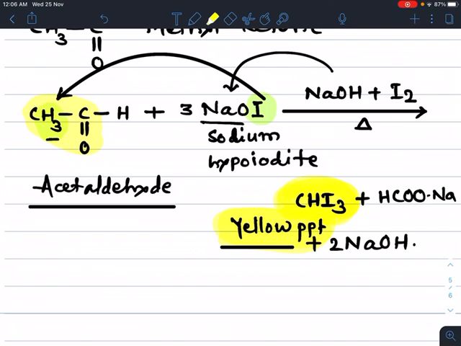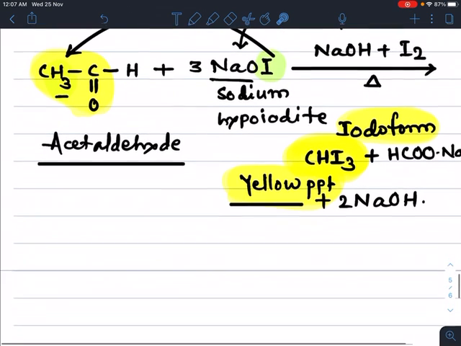Only if the aldehyde or ketone contains the CH3CO group is it finally converted into the yellow precipitate of iodoform, CHI3.